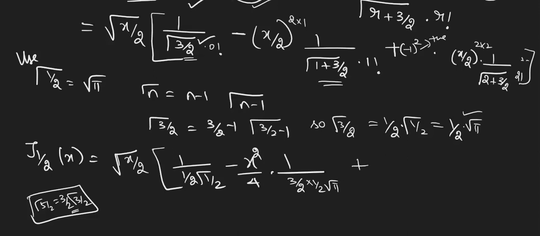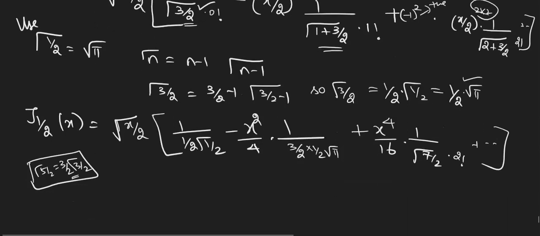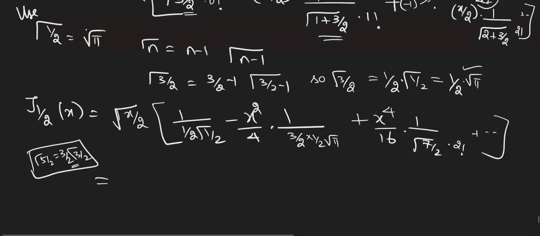Next term is plus x power 4 by 16, because this is power 4; x power 4 by 2 power 4 is 16. And the next term is 1 by gamma of 7 by 2. Of course we will simplify this into 2 factorial and so on. 2 factorial is 2. By substituting all the terms and simplifying, x by 2 into, this is square root, inside.